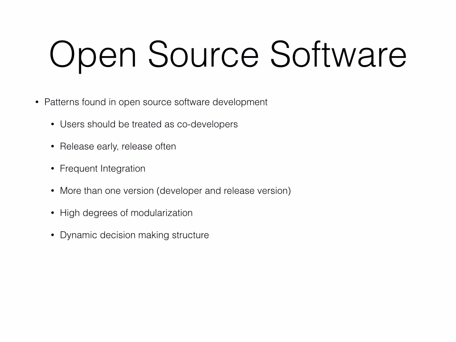And let's talk about some patterns that we find in open source software development that is kind of different from closed source. And I think it makes for a very interesting community and a very interesting way to produce software. The first is that users should be, and many times are, treated as co-developers.